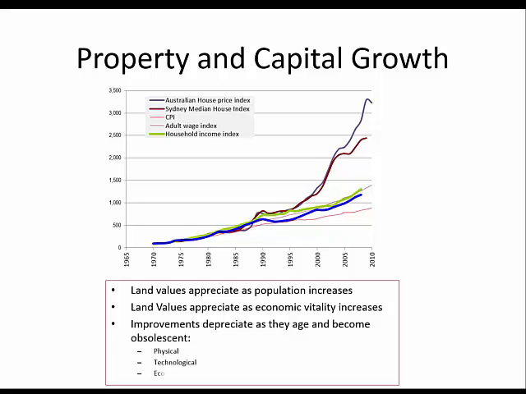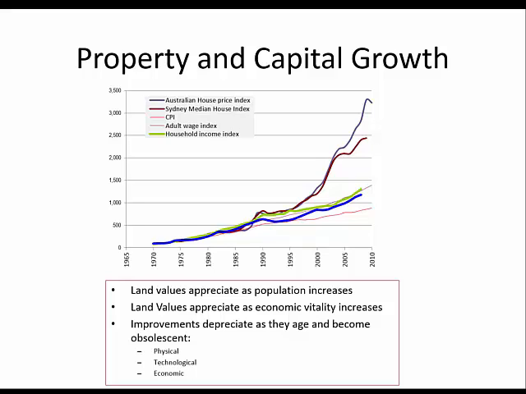Physical obsolescence is simply the way that improvements, say a factory building, might wear out over time or might become decrepit. Technological obsolescence is where the special features within a building become less useful. So, for instance, very high ceilings have become less valuable.